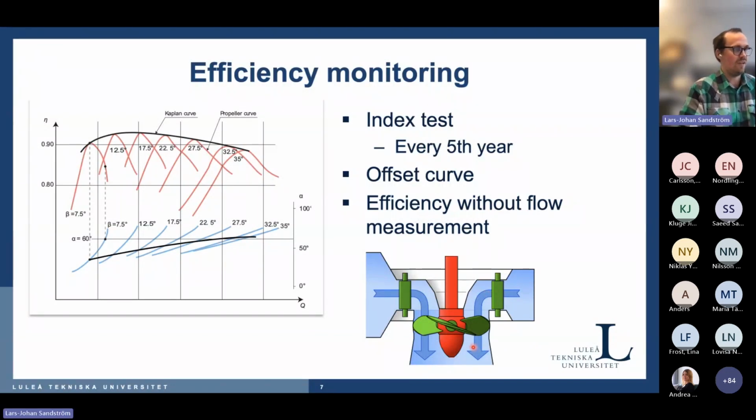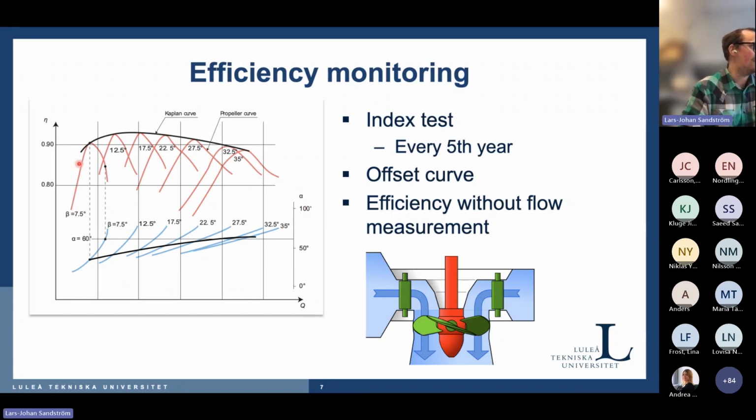This is done by setting the runner blade at a fixed angle and letting more and more flow into the turbine, and we measure the efficiency at the same time.